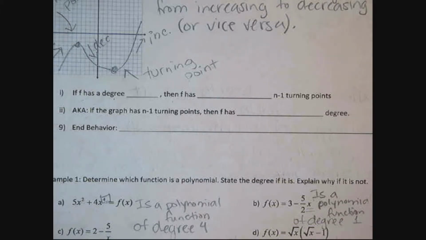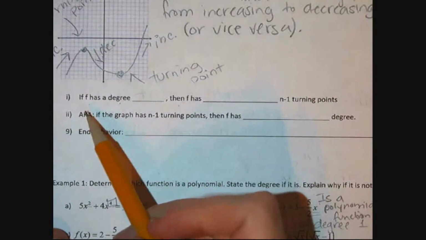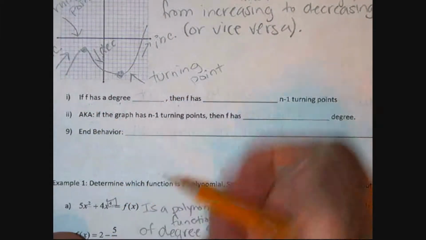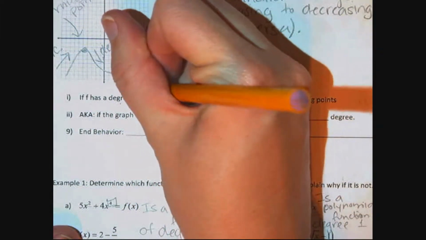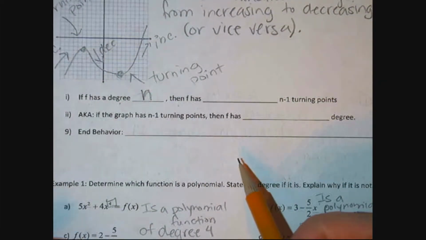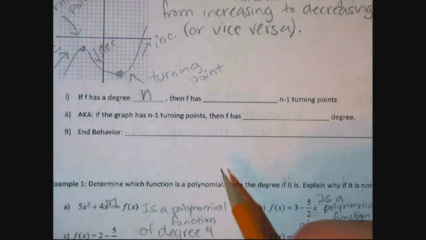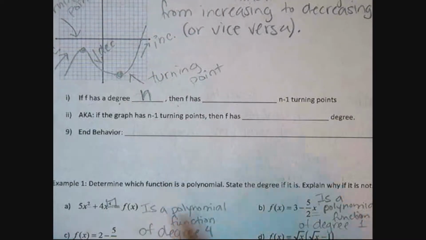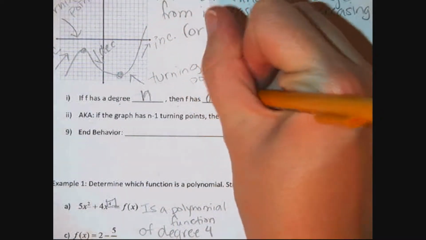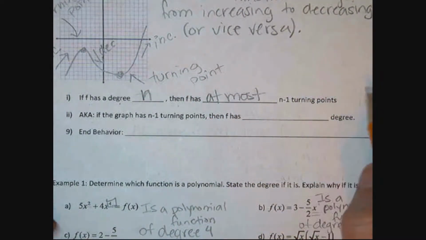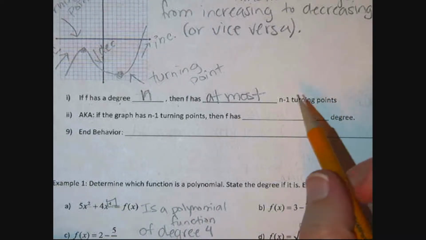All right, so we have a few rules for these turning points. If a function f has a degree n, so that largest power of our polynomial, then that function f has at most n minus 1 turning points.